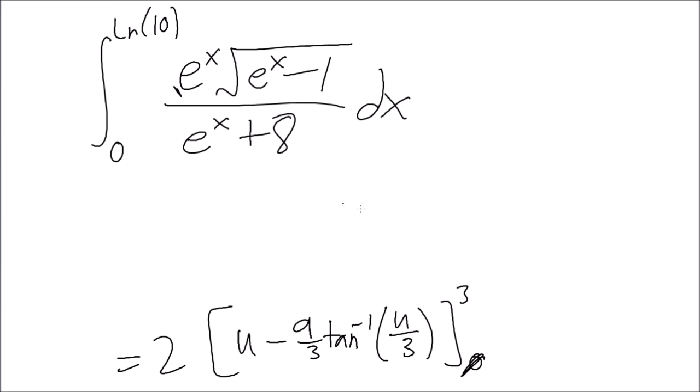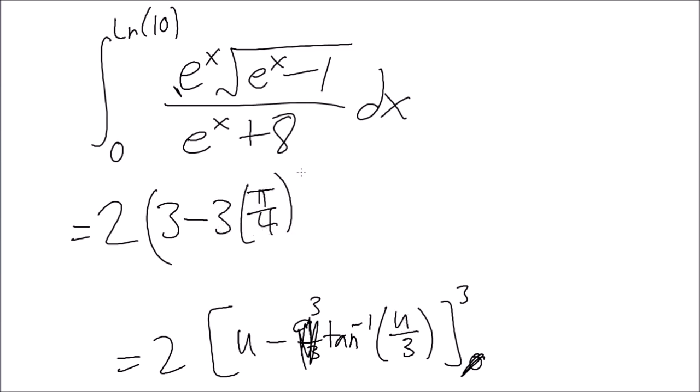Alright. So now we go to plug in 3. Of course this simplifies to 3 inverse tangent. So plug in 3, we get 3 minus 3 times inverse tangent of 1, because 3 over 3 is 1. Okay, so it's 3 pi over 4.